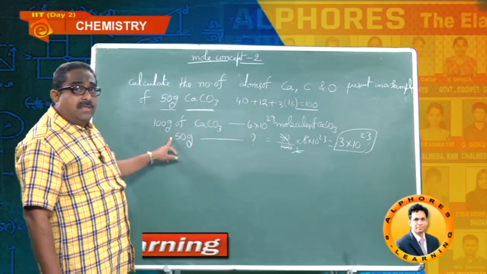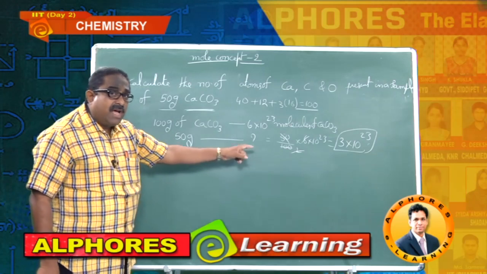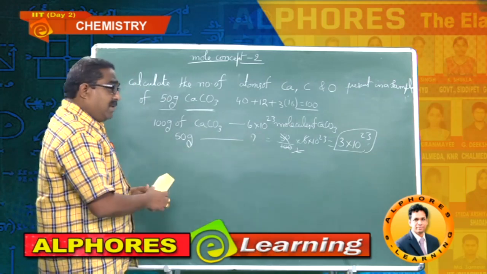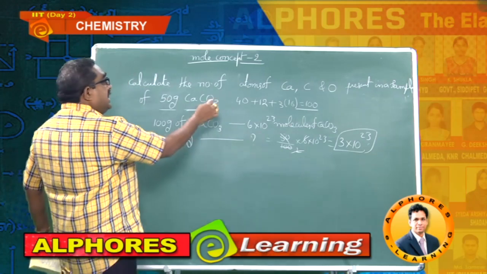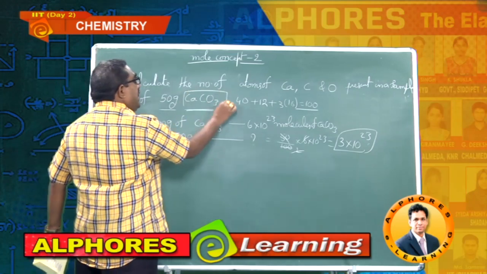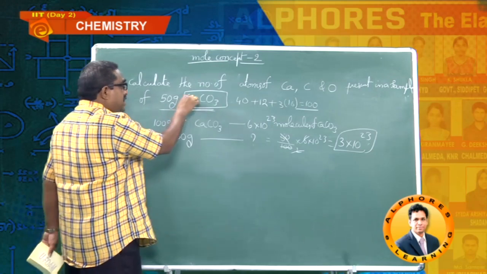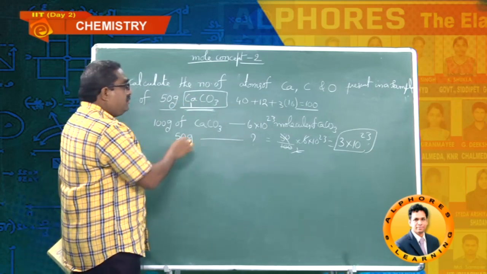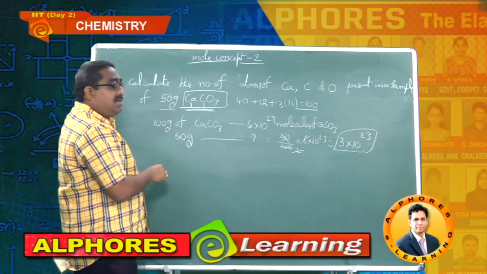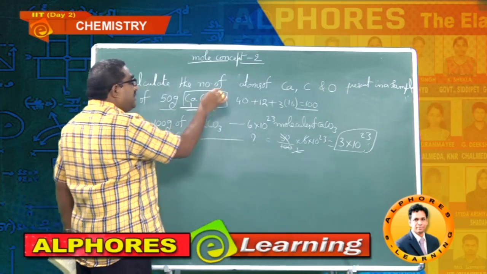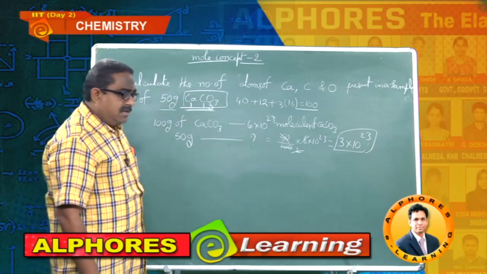Now I have the number of molecules of CaCO3, and we know each calcium carbonate contains one calcium atom, one carbon atom and 3 oxygen atoms. That we know very well.